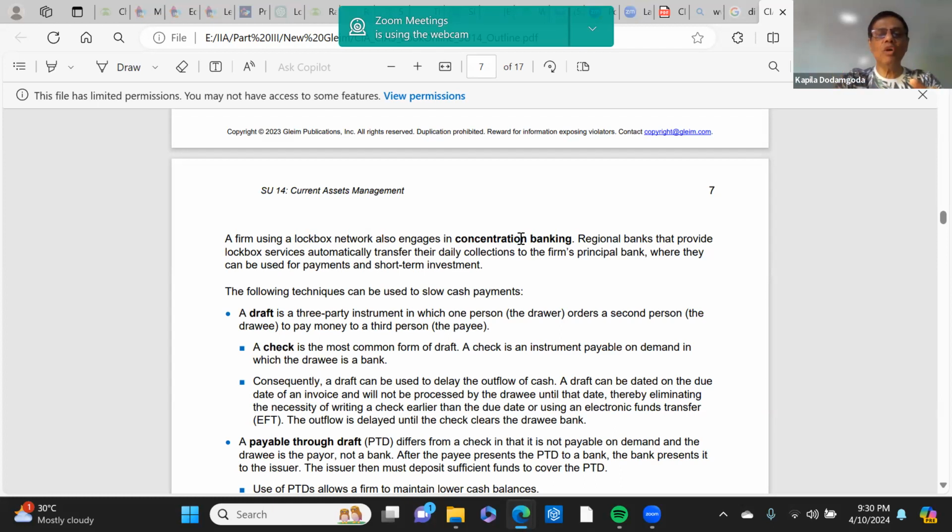But that collection account may not be your main account. So even though that money is coming into your account, you may not be able to use it, because all your payments are done by your main principal bank account. So concentration banking is, once the payment is realized into your account, the bank makes arrangements to transfer that money into your main account, not the collection account in a regional bank, so that you can immediately use that money to meet your financial commitments.